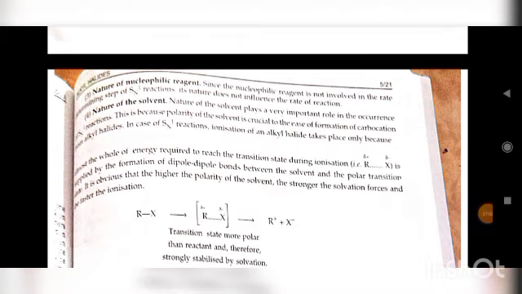Since the nucleophilic reagent is not involved in the rate determining step of an SN1 reaction, its nature does not influence the rate of reaction. Nature of solvent. The nature of solvent plays a very important role in the occurrence of SN1 reactions. This is because the polarity of the solvent is crucial to the ease of formation of carbocations from alkyl halides.